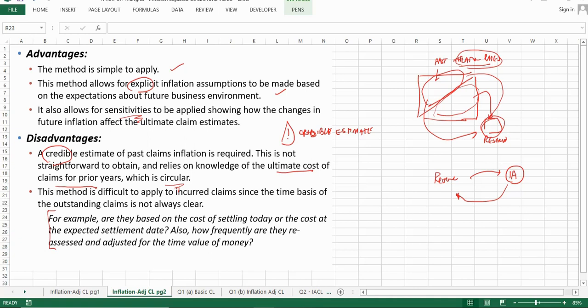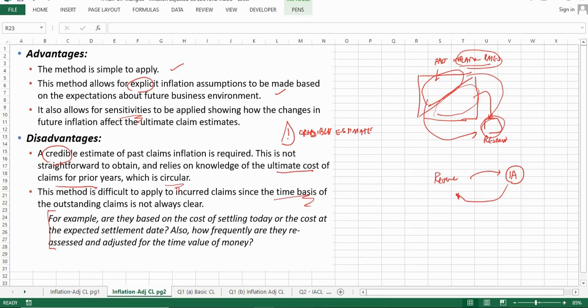If it is today, there is an inflation adjustment to be made, or the cost at the expected settlement date in the future, so we need to add other inflation adjustments. This is a constraint in this technique, in that sometimes the time basis is not always clear.